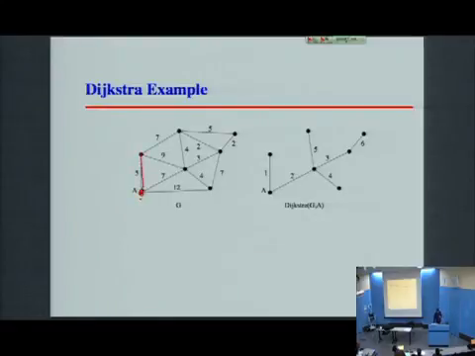Now, why do we absolutely, positively know that there is no shorter path between A and this vertex than that path? Yeah? The other 2 paths are already longer than that path. You're saying because this path, the vertex going through here has to have a path of at least 7, and any path going through here has to have a path of at least 12, and so that has to be bigger than that. Yeah?